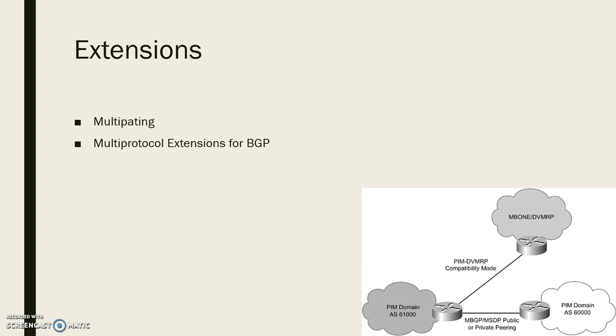So whereas standard BGP supports only IPv4 unicast addresses, MBGP supports IPv4 and IPv6 addresses, and it supports unicast and multicast variants of each.